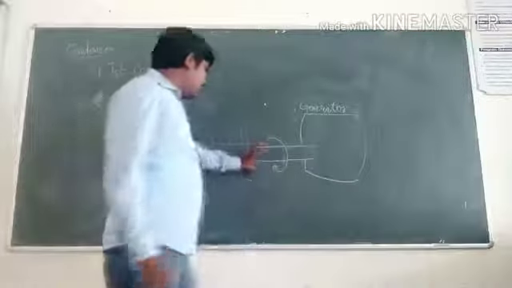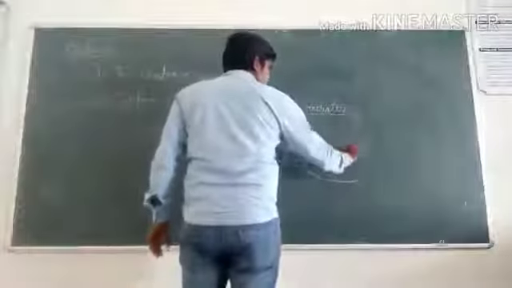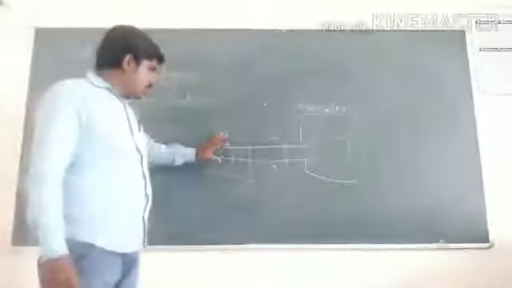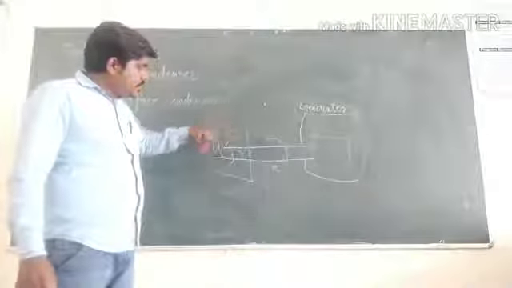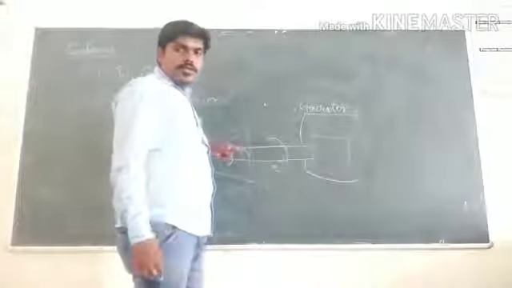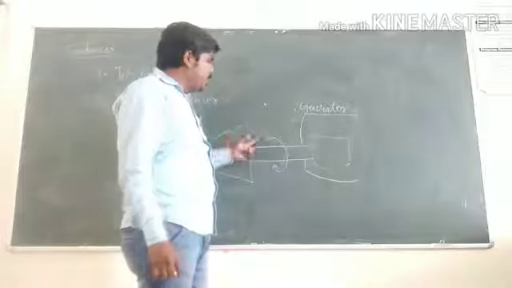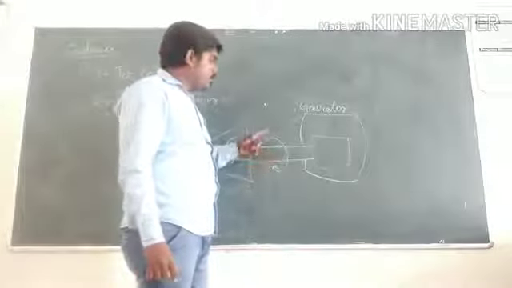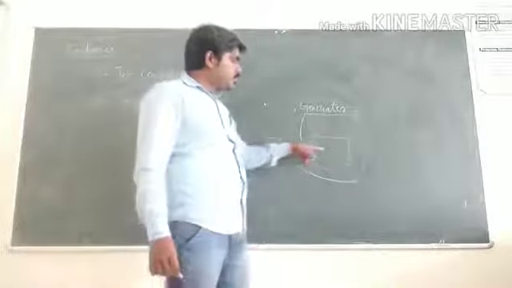The generator has a rotor arrangement. As the steam is imparted, the blades start rotating, and indirectly it rotates the shaft. With the rotation of this shaft, the rotor also starts rotating.